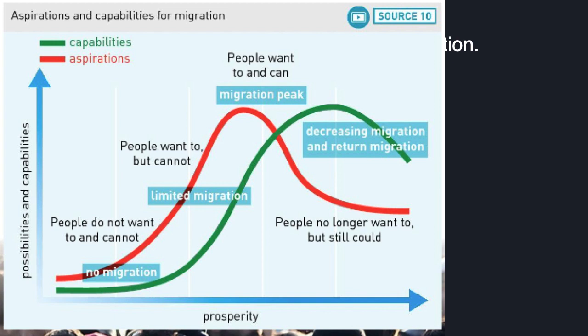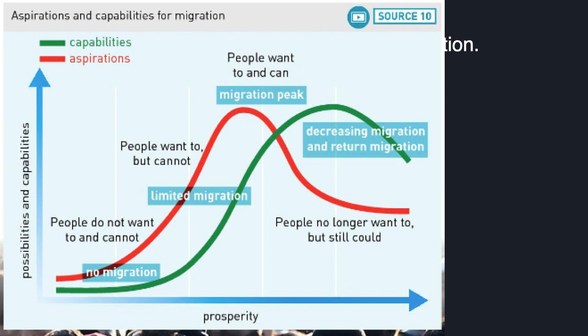Later on, the prosperity in the home country increases as well, and that means that people do not want to migrate anymore because the quality of living in their home country is good enough. So people no longer want to, but are able to if they should want. And that means that the migration decreases and return migration starts to emerge.